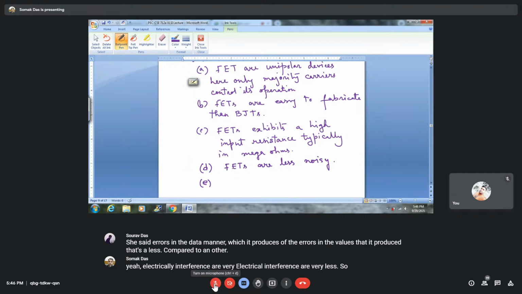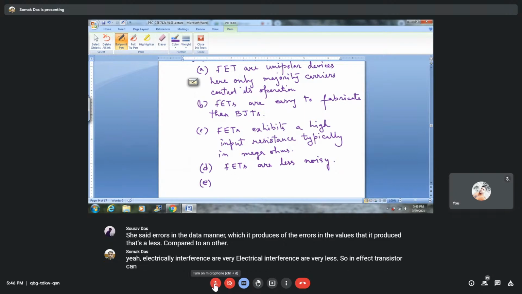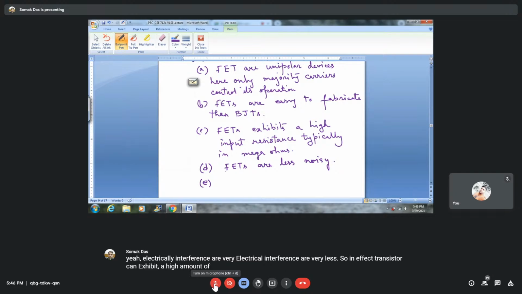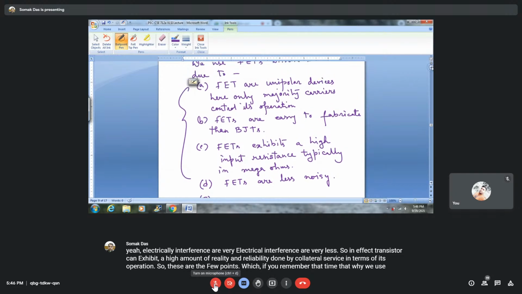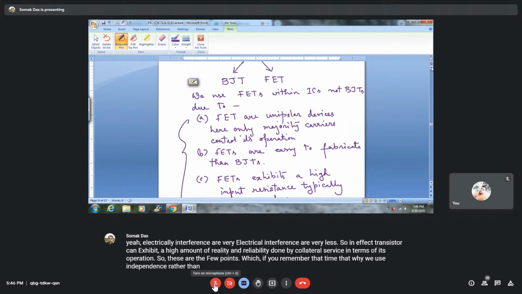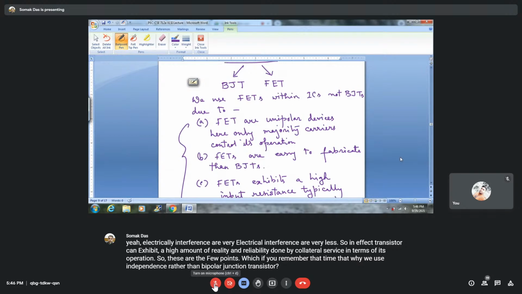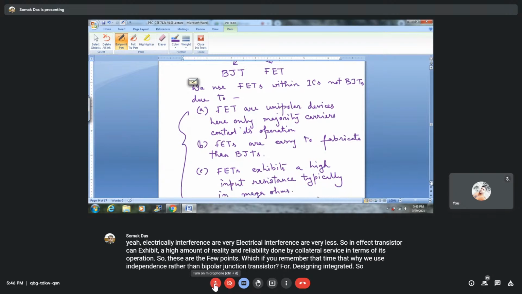So field effect transistors can exhibit a high amount of reliability compared to bipolar junction transistors in terms of operation. So these are the few points which, if you remember, that's fine. That is why we use field effect transistors rather than bipolar junction transistors for designing or manufacturing integrated circuits.